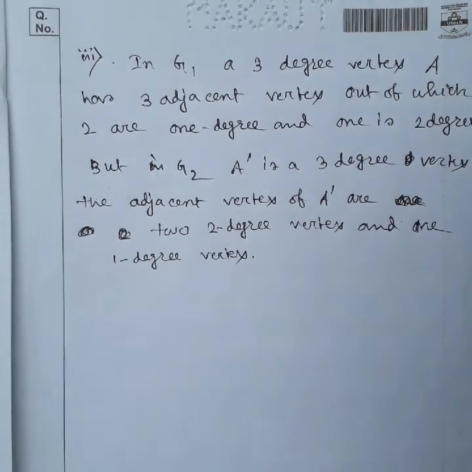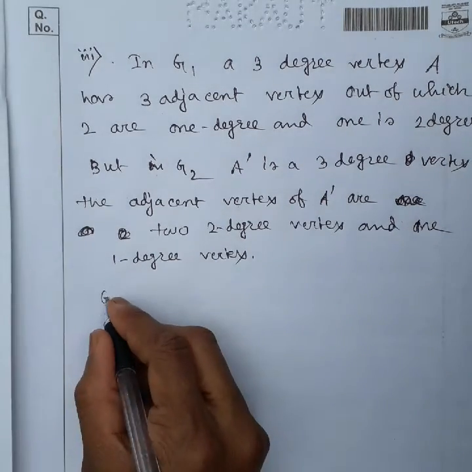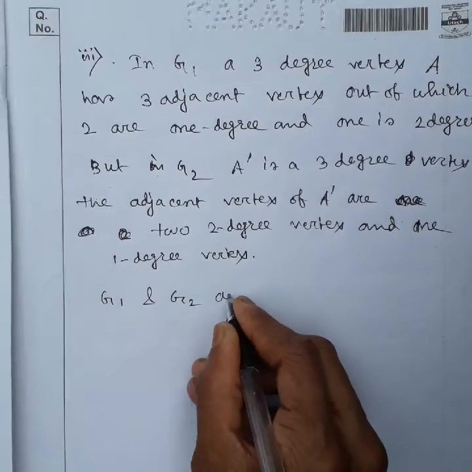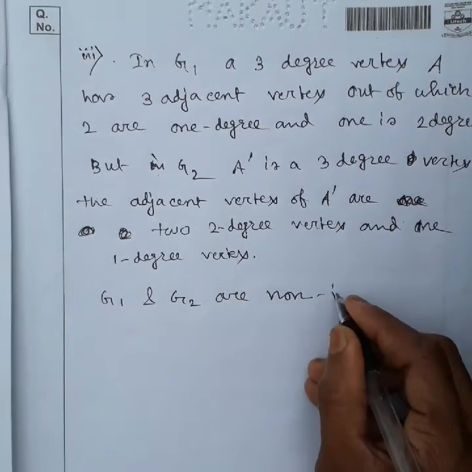So these are different from G1. Okay, that means G1 and G2 are non-isomorphic.